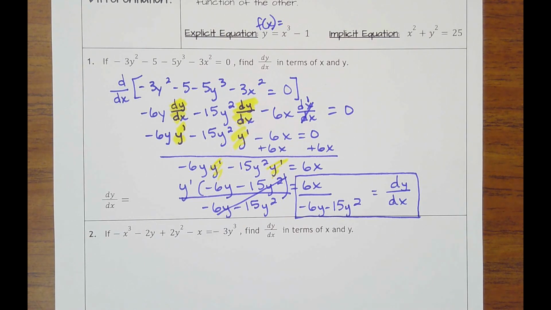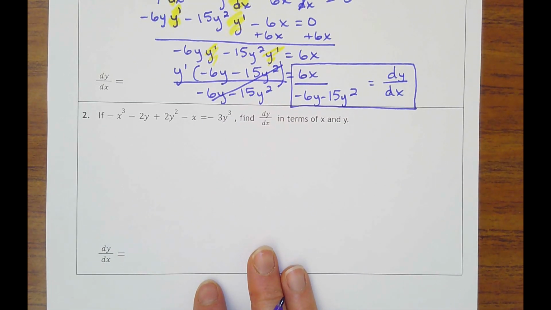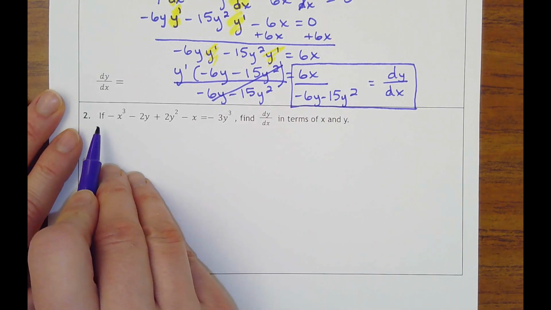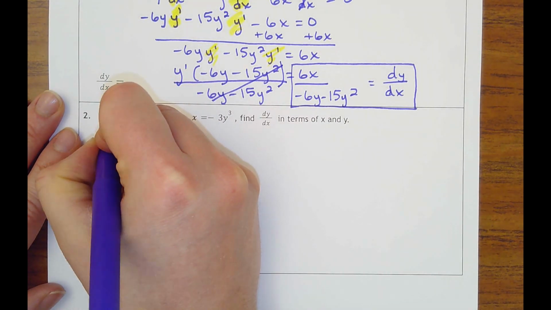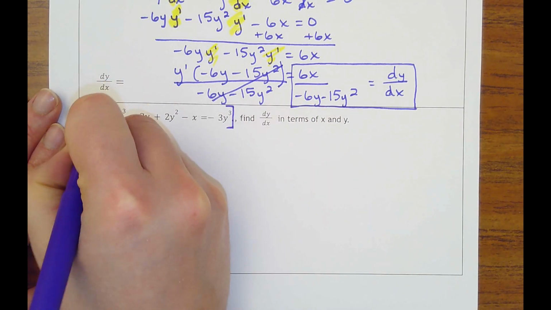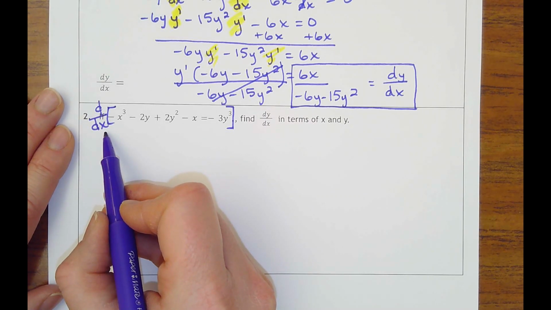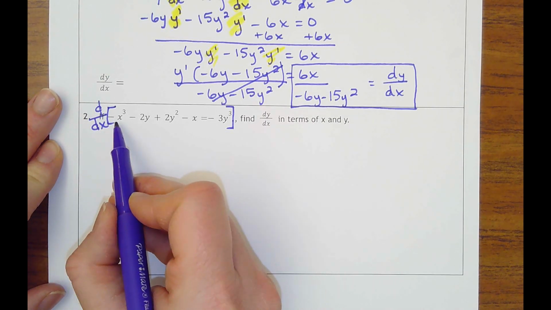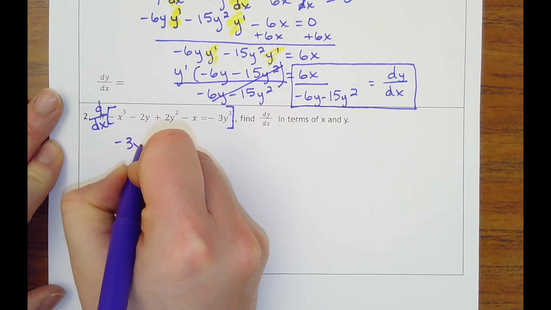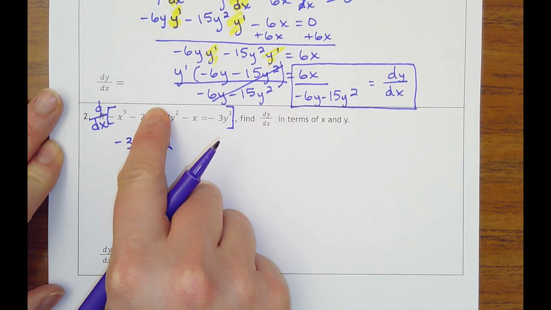Okay, let's try number 2. I'm not even going to rewrite the problem again. I'm just going to put brackets around it. And I'm going to take it times d over dx. So I'm taking the derivative with respect to x. So anything that's not x is going to have to be treated special. So this would become negative 3x squared minus 2, because really the y would go away.